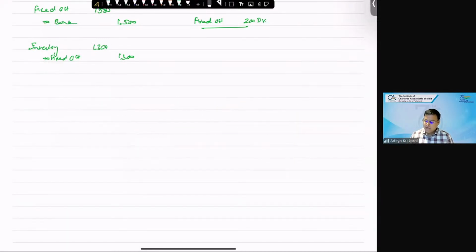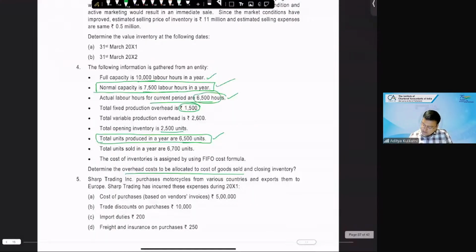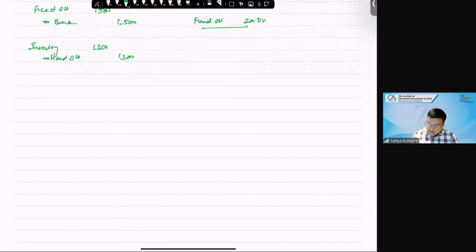Okay. So now let us come back to our question. So 200, we are expensing it out in the P&L. Now coming to variable overheads. Total variable production overhead is 2,600 and this is variable. So this is directly related to your labor hours.